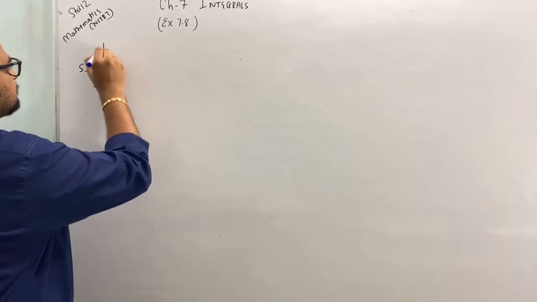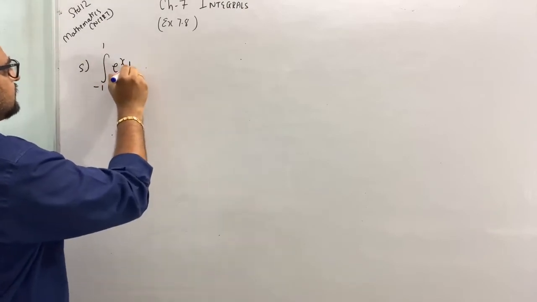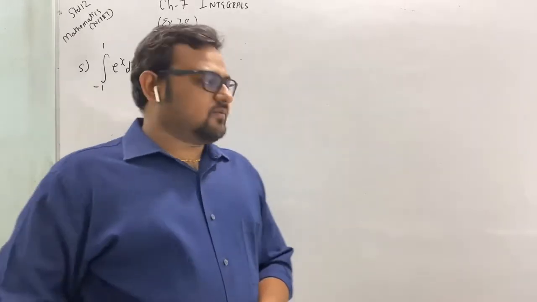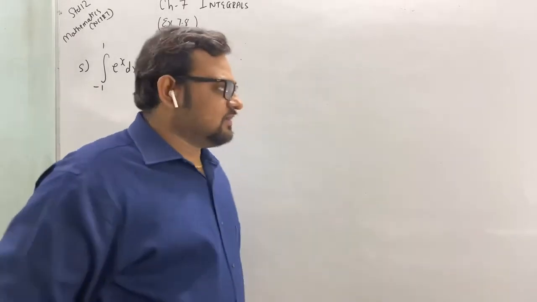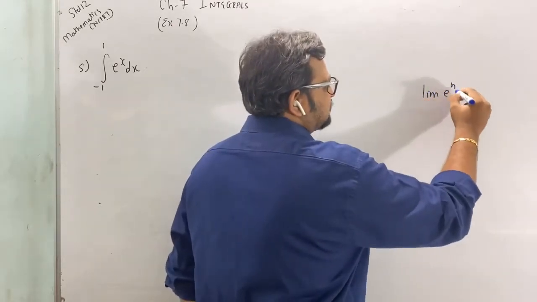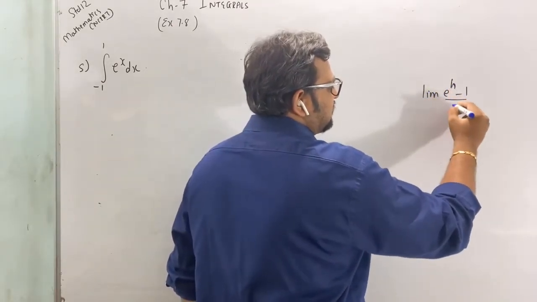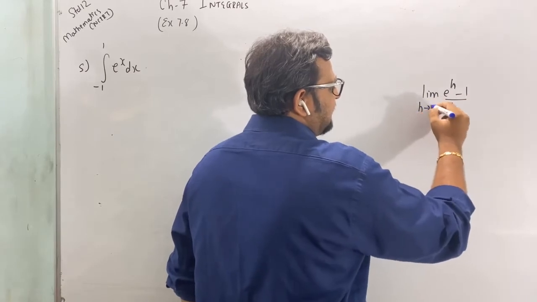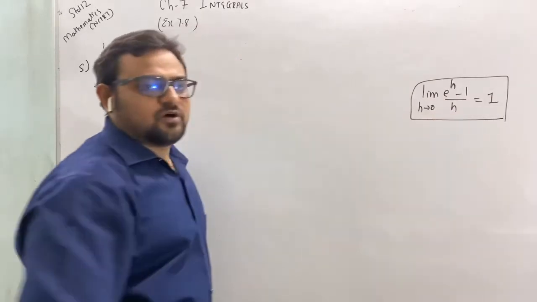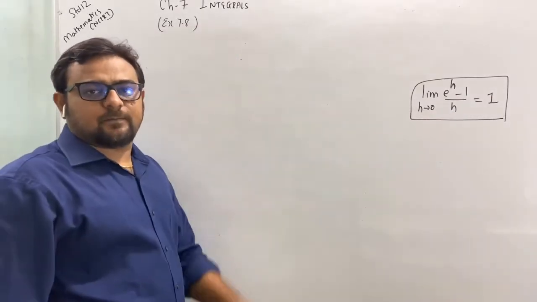Integration of minus 1 to 1 e raised to x dx. Before that, one formula that I had discussed in the last video: limit of (e raised to h minus 1) upon h, where h tends to 0, is equal to 1.